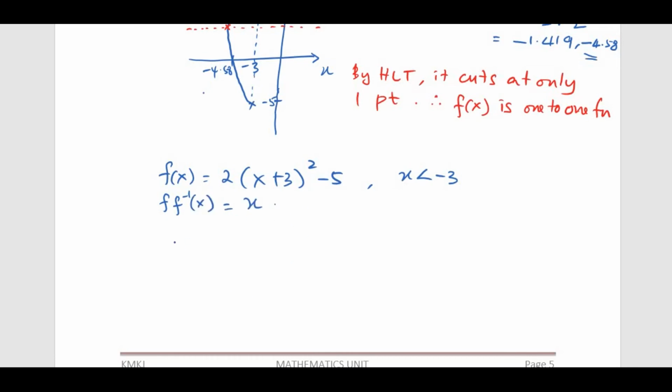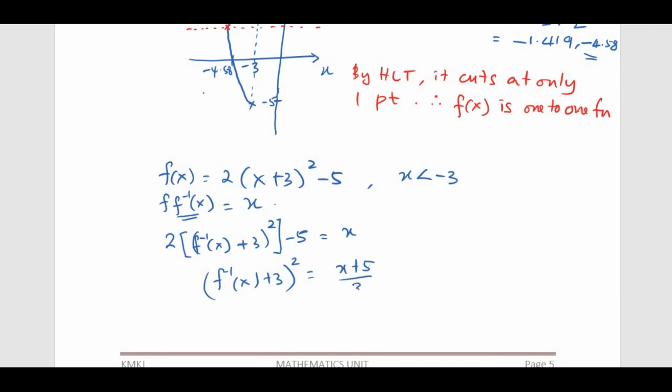So you substitute f inverse into the function f, then you get 2(f inverse of x plus 3) all squared, minus 5 equal to x. So from here you will get (f inverse of x plus 3) squared is equal to (x plus 5) over 2.